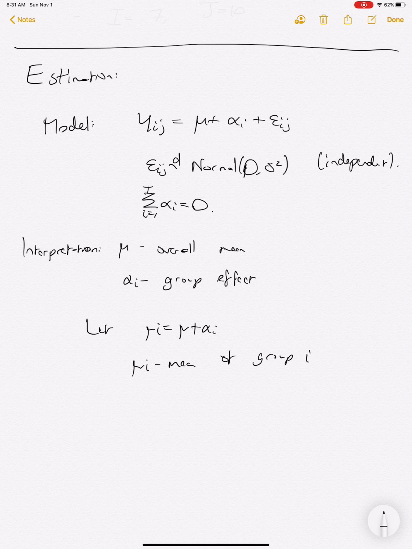That's why it makes sense that the sum of the alpha i's is 0. Alpha i is not an overall mean per se, it's the deviation away from the mean across all of the J samples or groups.